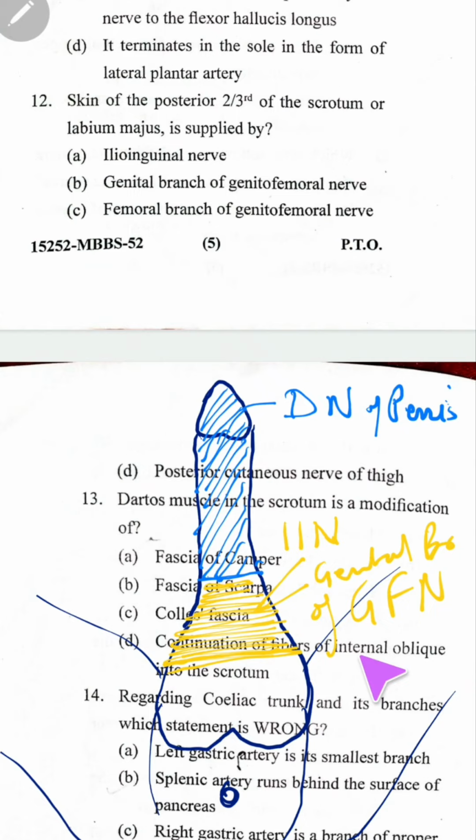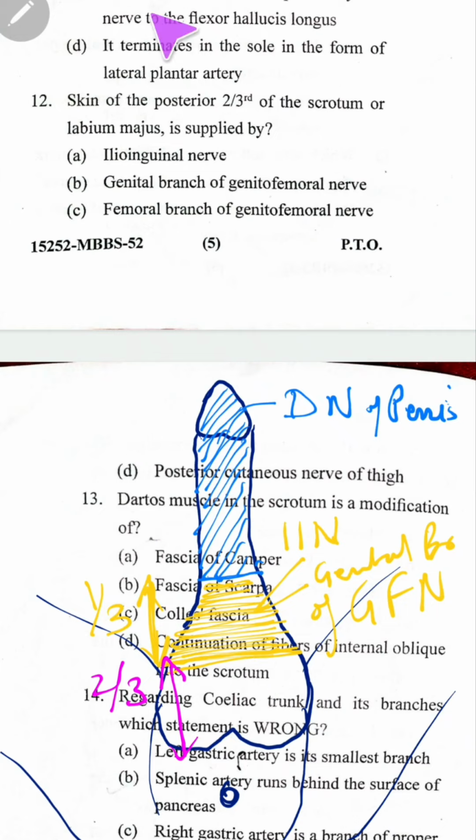These two nerves will be supplying the skin of the root of penis and the anterior one-third of the scrotum or labium majus. Now about the posterior two-third. This is the anterior one-third, and now talking about the posterior two-third. Posterior two-third of the scrotum is this.